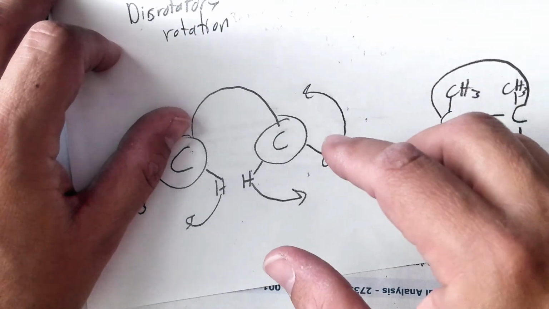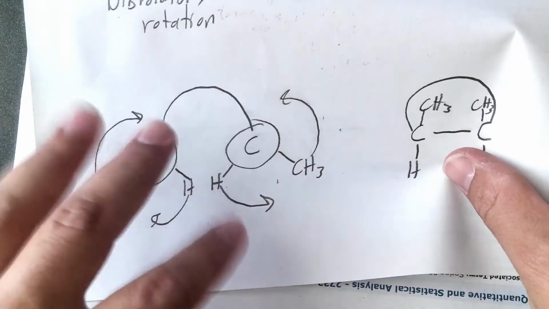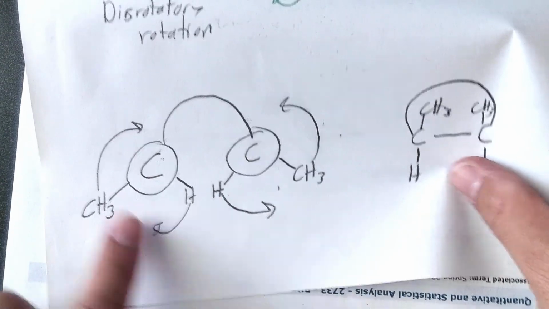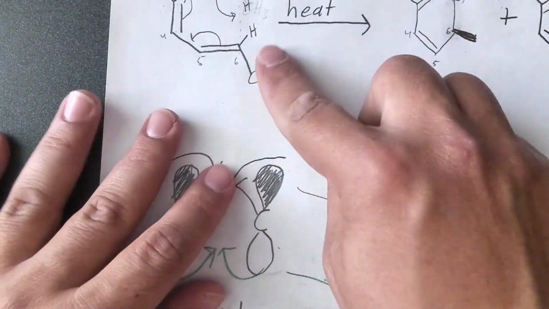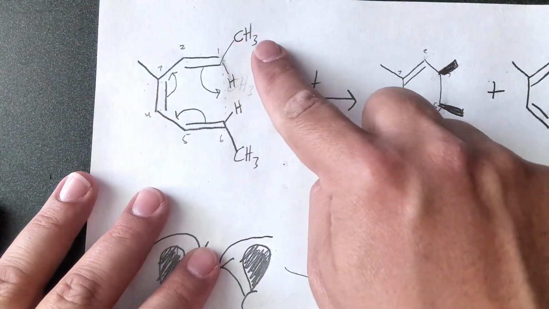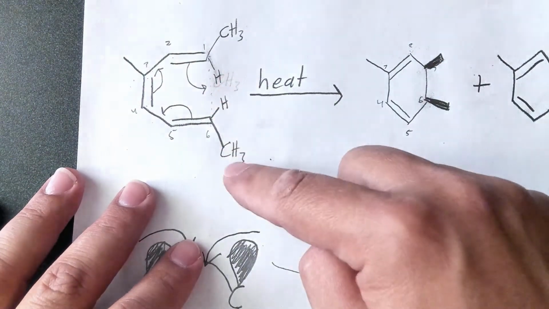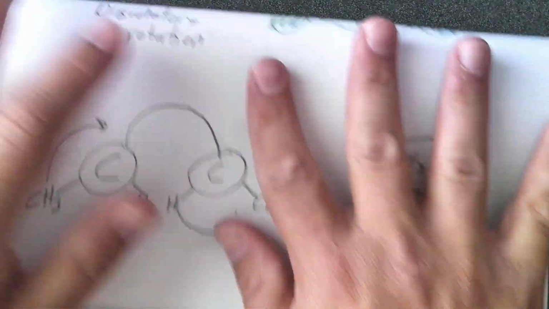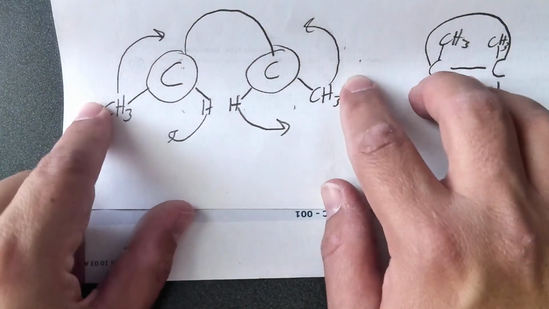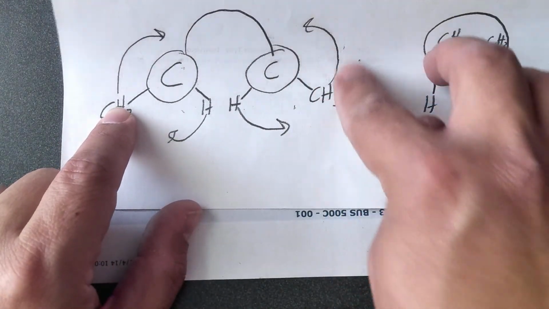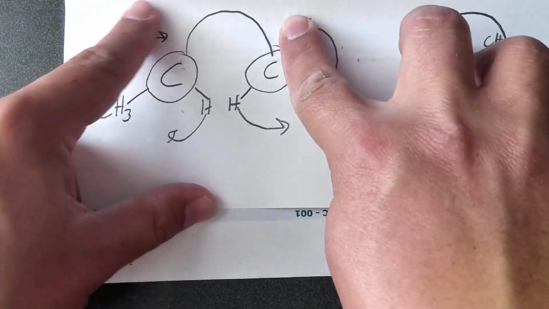You still have to think carefully about how those four groups are located on those end carbons. Where are they exactly located? Because disrotatory motion isn't going to just mean this. It's going to mean that these outer groups for disrotatory rotation are going to rotate one counterclockwise up and the other one counterclockwise up.